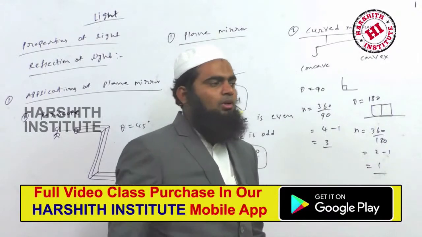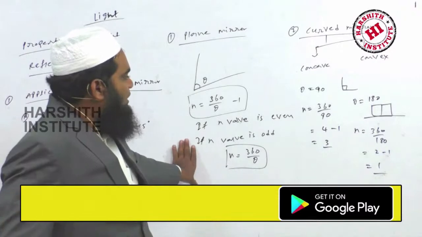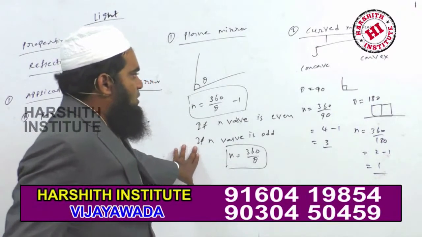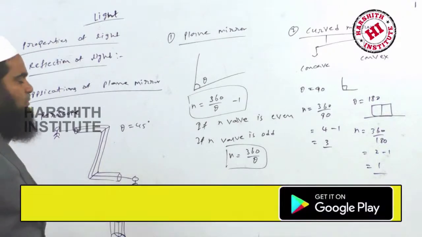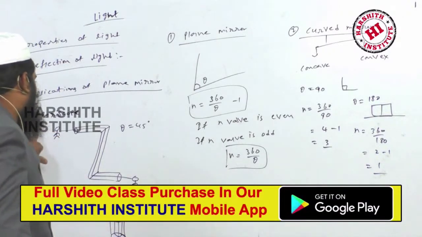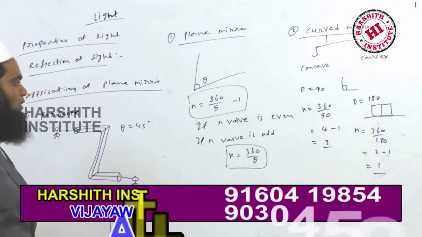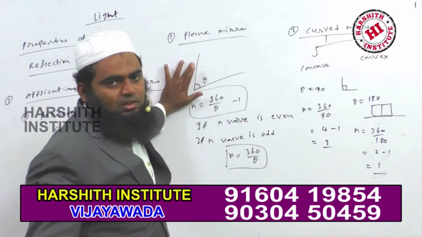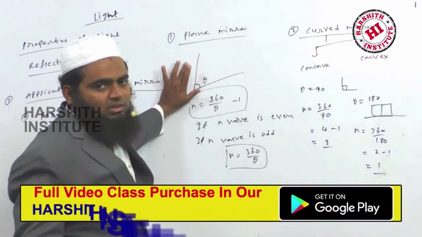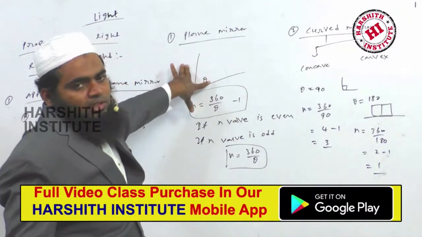So this type of application we use in daily life. In your examination, this type of question is asked. First application of plane mirrors will be the periscope, second application will be the kaleidoscope, third application will be in multiple images, like we use in inclined mirrors. Inclined mirrors are those mirrors arranged at a particular angle between them.